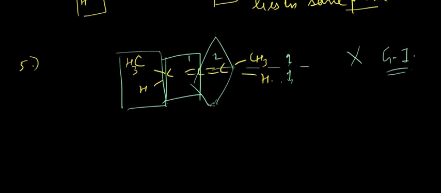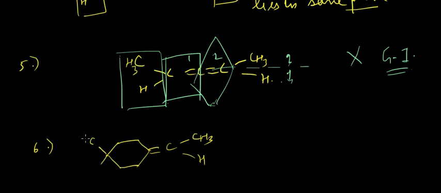Okay, so let's see this example, whether this will be involved in geometrical isomerism. And we have H and CH3. You know that this is an sp3 hybridized carbon atom, and as you can see this is a double bond, so it will lie in one plane.